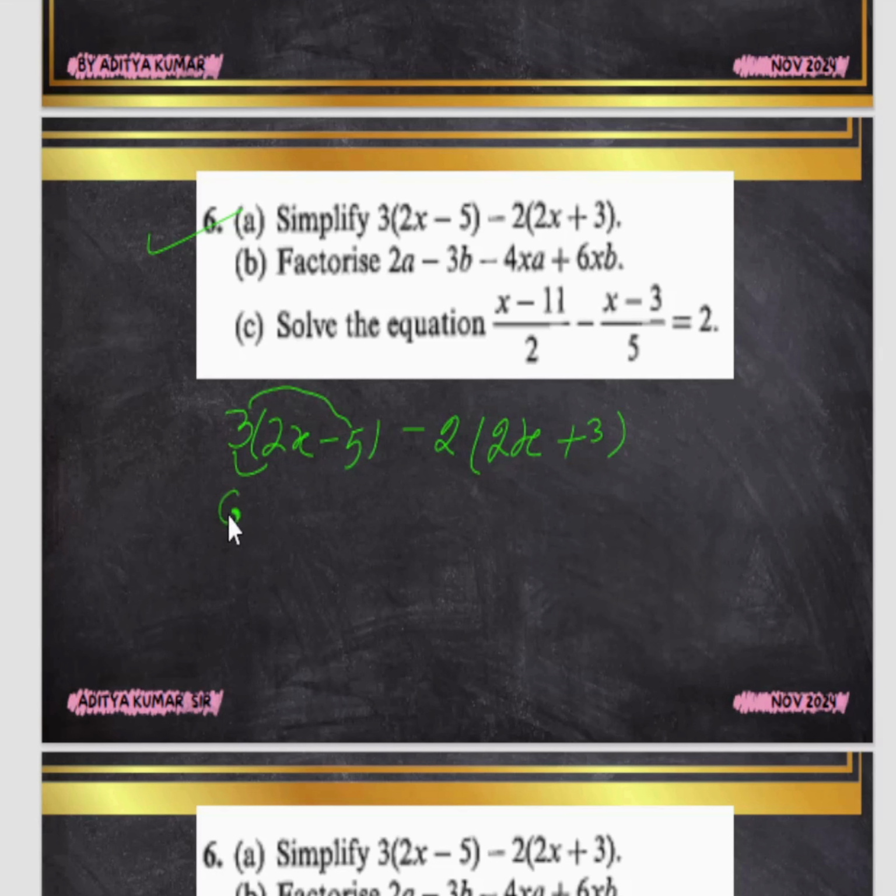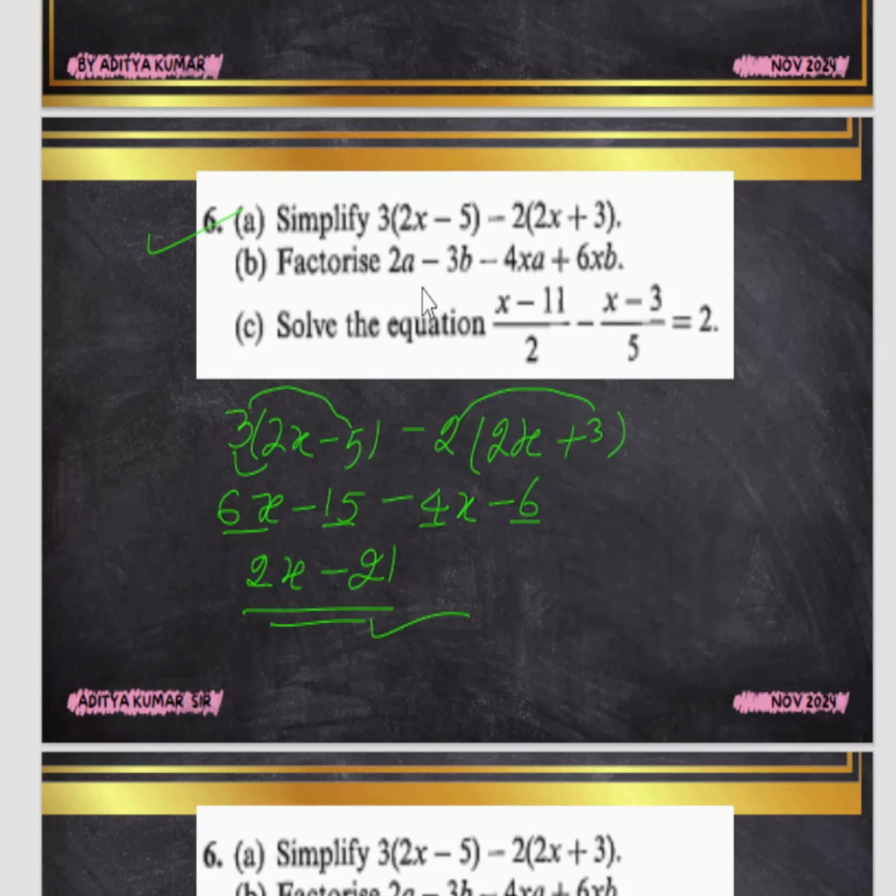So it will be 6x, and this is minus 15, and this minus 2 is multiplied here, so this will be minus 2x, and this minus 2 is multiplied here, so it will become minus 6. Now the coefficients of like terms will be subtracted, so this will be 4x, and this is minus 15 minus 6, that is minus 21. So this is the simplest form of question number 1.